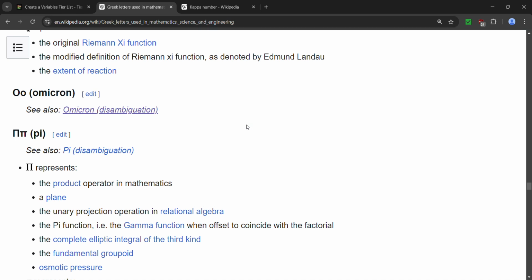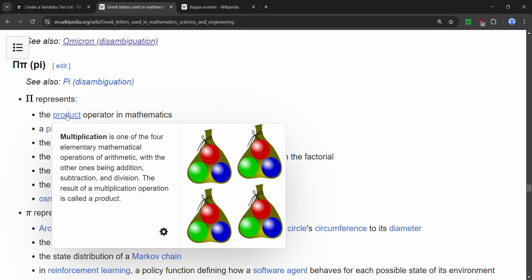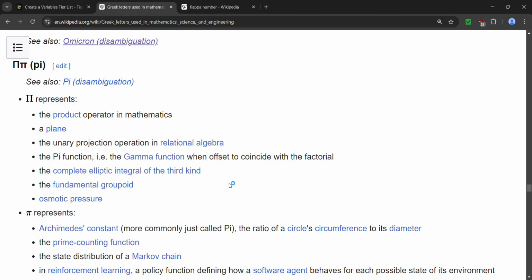Not much from what I'm seeing here. Yeah, the product operator, which is like sigma, the sum operator, but for multiplication. That's interesting. I think that's cool, but not really too interesting with capital Pi.